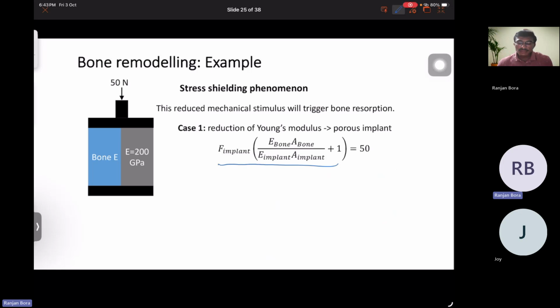In the example, the area of the bone was the same as the area of the implant, that's why the area terms got cancelled. But in general, these terms will also appear in the equation.